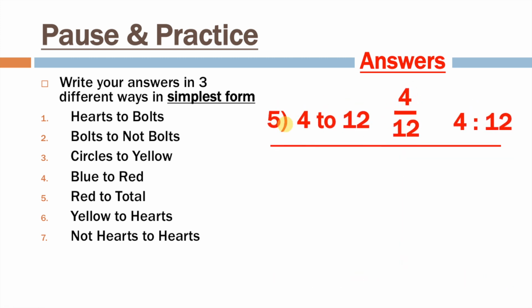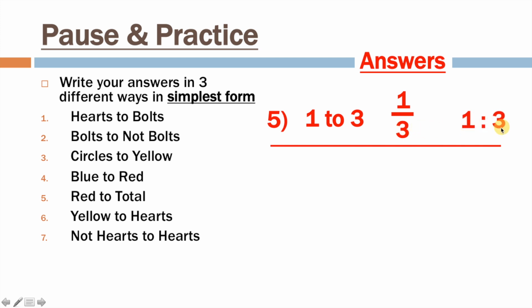Number 5, 4 to 12, 4 over 12, 4 colon 12. But again, we have to put our answer in simplest form, and we can divide both 4 and 12 by 4. 4 divided by 4 is 1, 12 divided by 4 is 3, which means this will become 1 to 3, which will make this 1 over 3, and that will make this 1 colon 3.